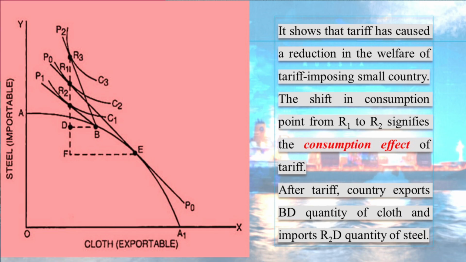The shift in consumption point from R1 to R2 signifies the consumption effect of tariff, which is lower. After tariff, the country exports BD quantity of cloth and imports R2D quantity of steel. So the quantities of cloth and steel they are importing and exporting are changed after tariff has been imposed.